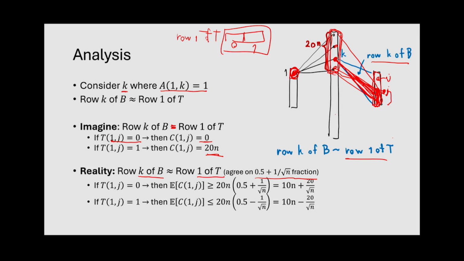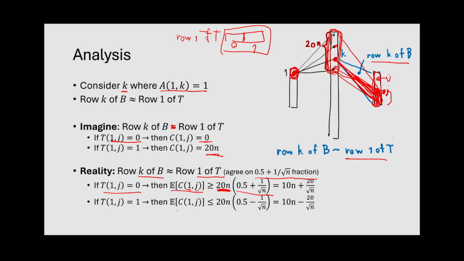I will not calculate this, but it's intuitive, right? It's basically similar with some bias. So in expectation, if this is 1, the max flow value from 1 to j is going to be this much plus this bias times something.